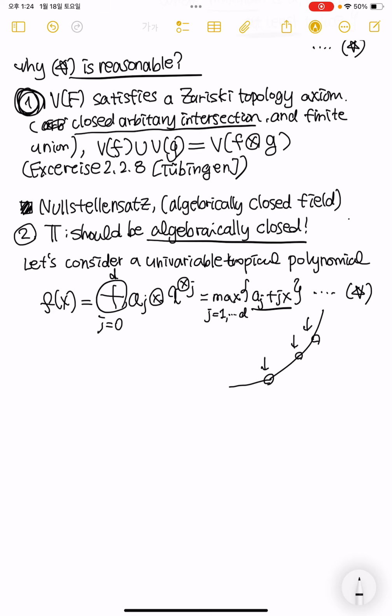Okay, that is easy to find the intersection point between two lines.